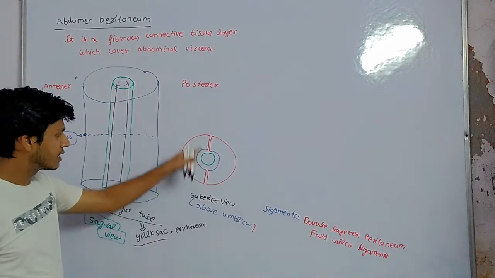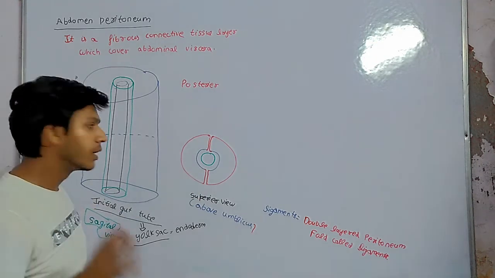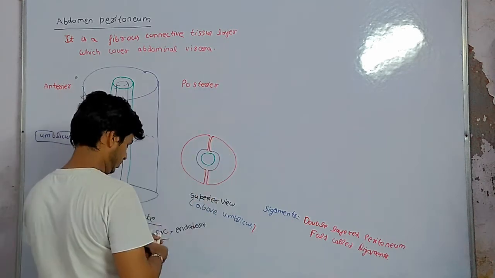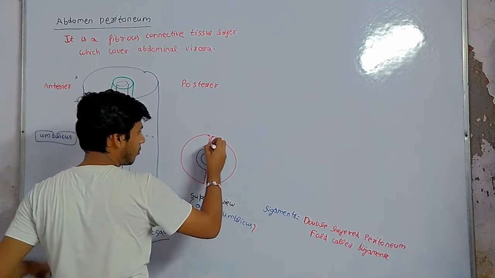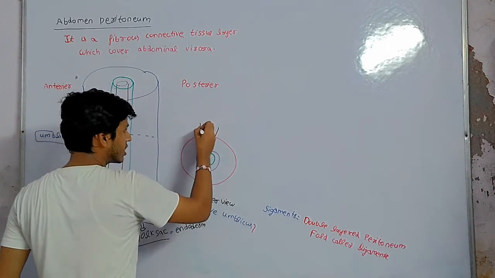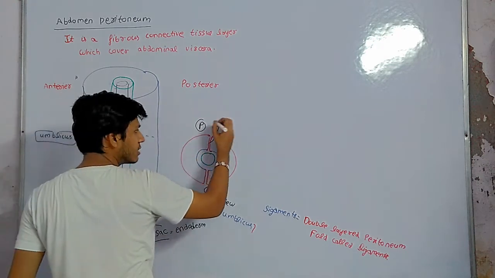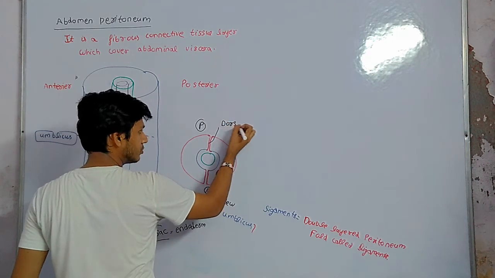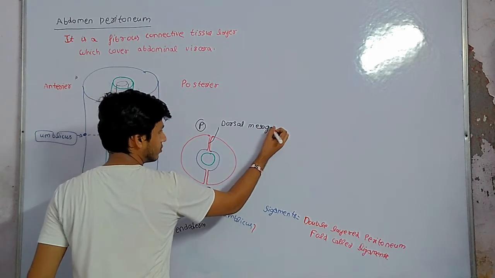So we have two parts. This is double layered, this is also double layered. This is also a ligament, this is also a ligament, but we name them according to their position. Let's say this is anterior, this is posterior. This one is present dorsally, so it is called dorsal mesogastrium.